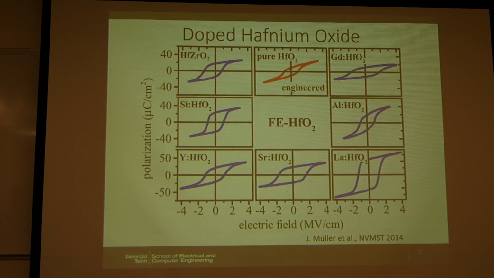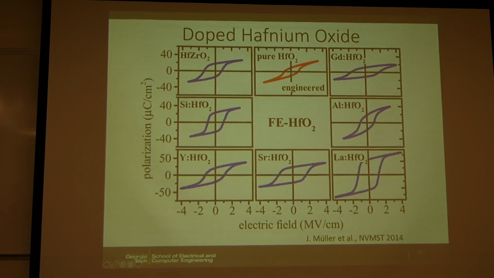After we discovered that silicon doped hafnium oxide is ferroelectric, people tried different dopants and found that we can make hafnium oxide ferroelectric with different dopants. Even with pure hafnium oxide, we can somehow get ferroelectricity.